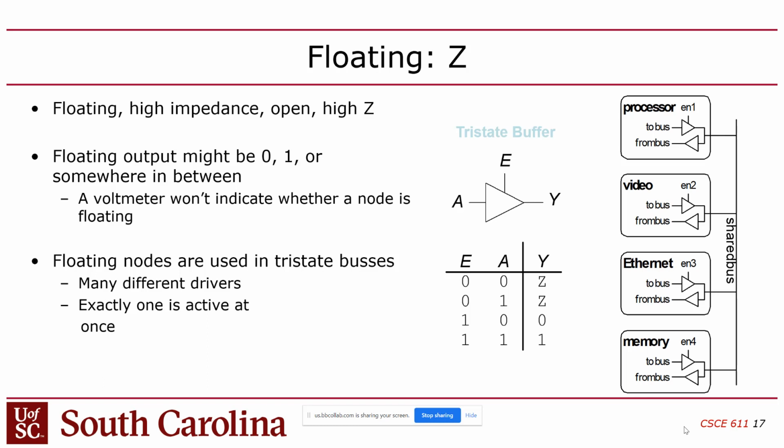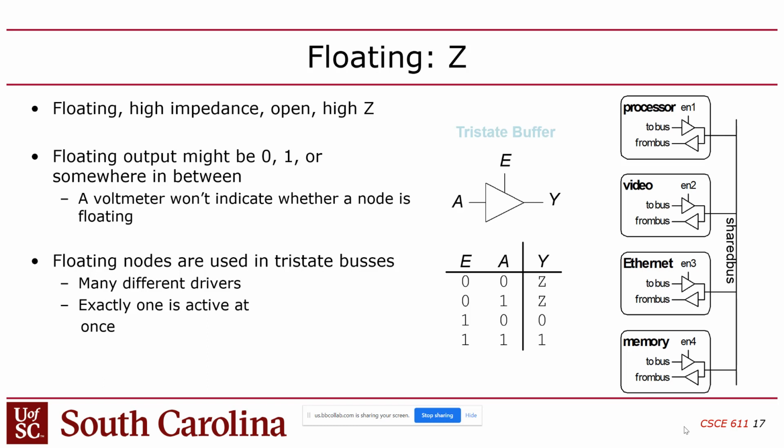Now, you can actually set a signal inside your code to Z. You can also set a signal in your code to X, but that doesn't mean you're deliberately double driving it. It means that you're setting it to don't care. But you can also set a signal to Z, which can happen if you're trying to build a tri-state buffer.